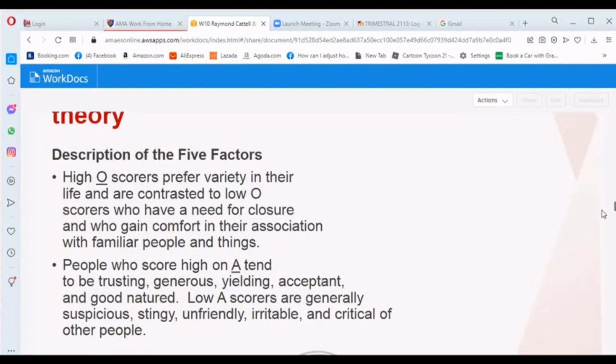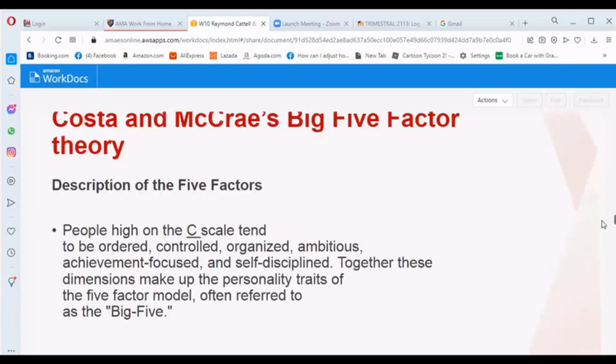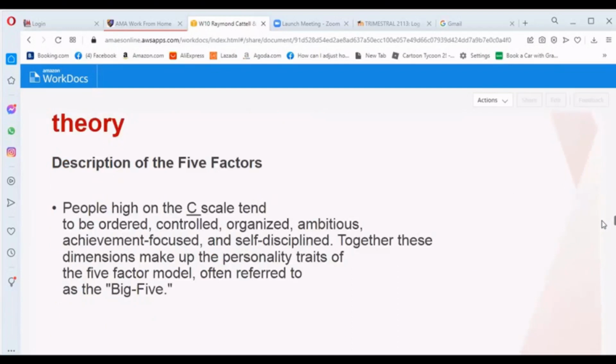If you have high and low on these scores, you will see what the traits or personality of the person are. People who are high on the C scale tend to be ordered, controlled, organized, ambitious, achievement focused, and self-disciplined. Together, these dimensions make up the personality traits of the 5-factor model, often referred to as the big 5.